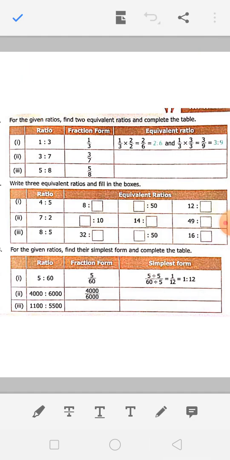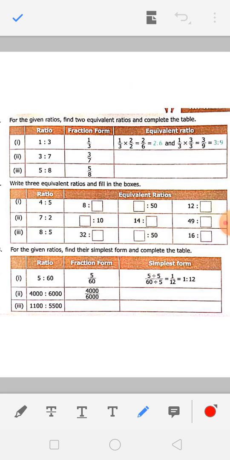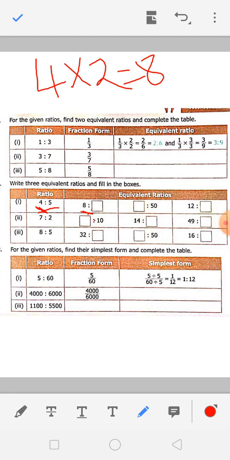And then the next one, look at that, 4 ratio 5. The equivalent ratio is 8 ratio blank. How can I change 4 into 8? We have to multiply 4 by 2, the answer is 8. Correct? So the 4 changed into 8, which means 4 multiplied by 2. So 5 multiplied by 2 is 10.